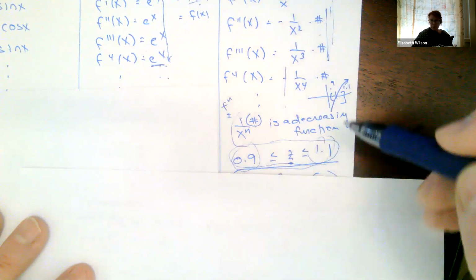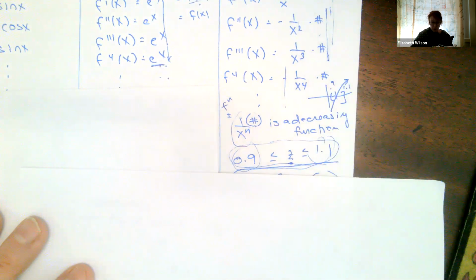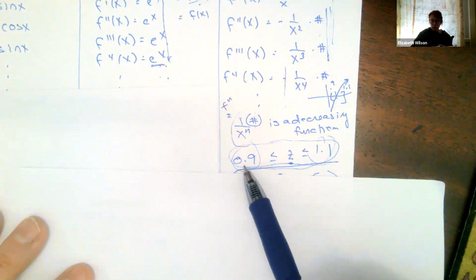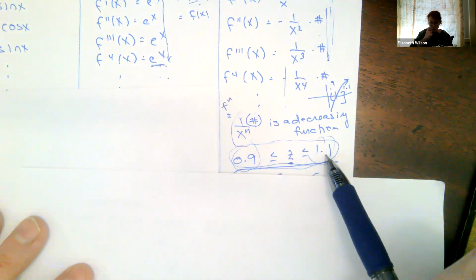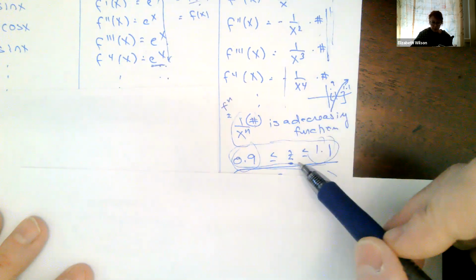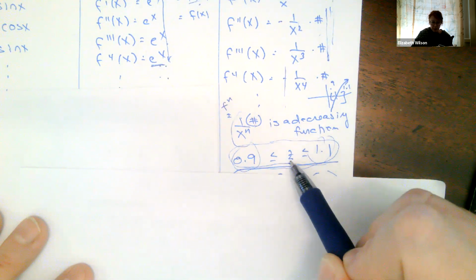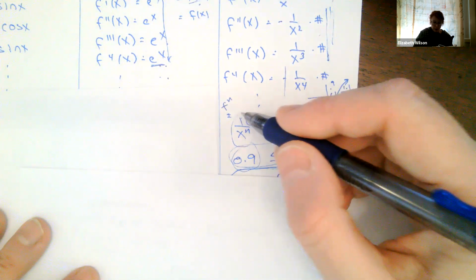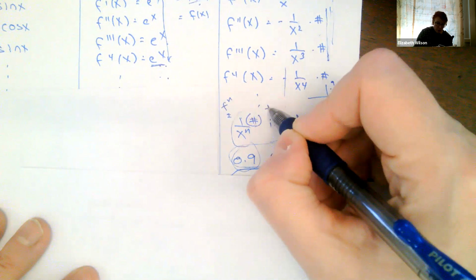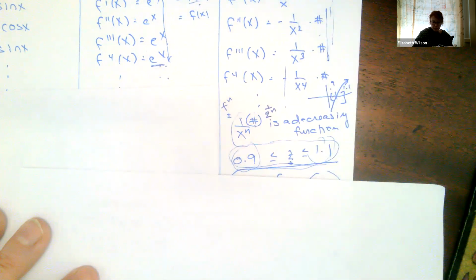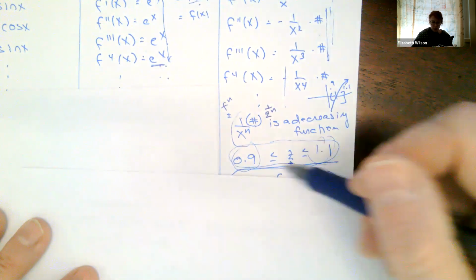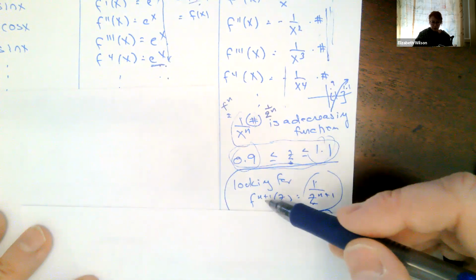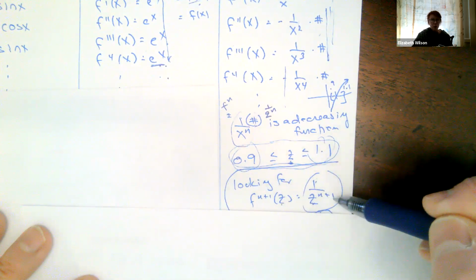Like we had a homework problem, which we can talk about, where our z value goes between 0.9 and 1.1. But the problem is that when I evaluate my f^(n+1), this becomes 1 over z to the n plus 1, because my n plus first derivative is 1 over z to the n plus 1.